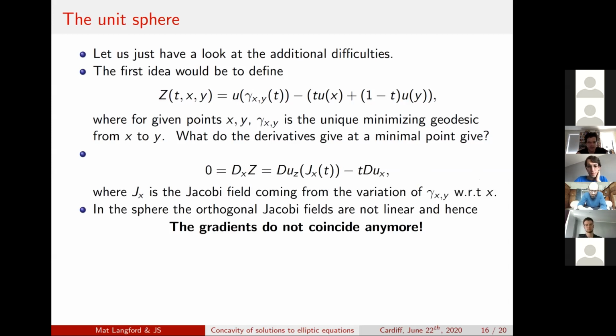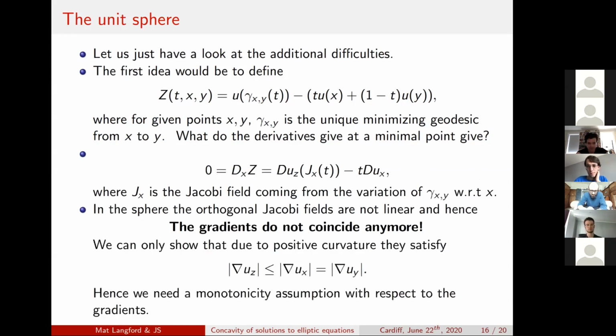What we could show on the sphere, or when we have non-negative curvature, is an estimate on the gradients, with absolute values: in non-negative curvature, the gradient at the midpoint is less or equal than the gradient at the endpoints.